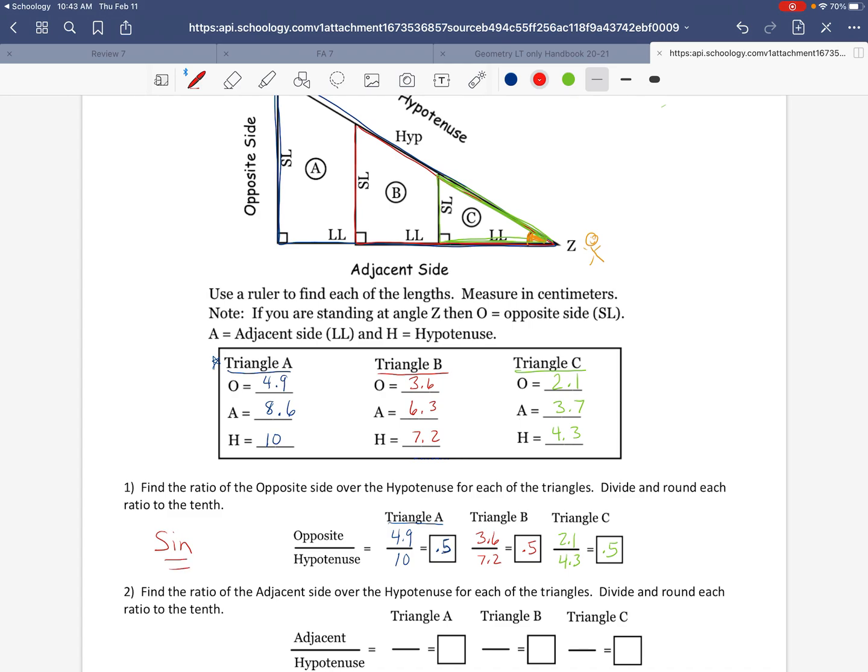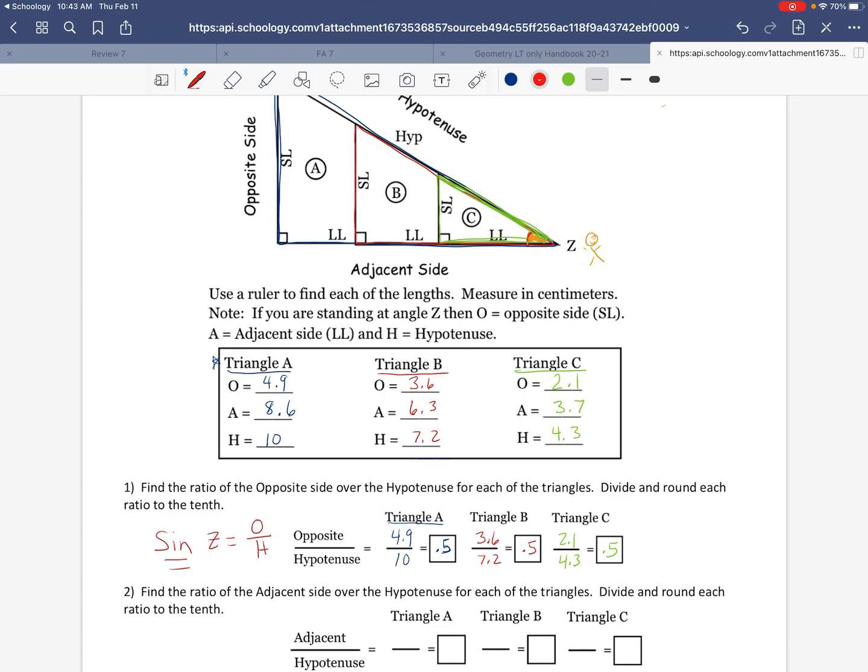Now I'm going to put the sine function of z, of that angle, is the ratio of the opposite side over the hypotenuse. So the sine, which represents opposite over hypotenuse, of angle z, because that's where we've been standing the whole time, always gives us this ratio. And that's what the sine function is, opposite over hypotenuse.